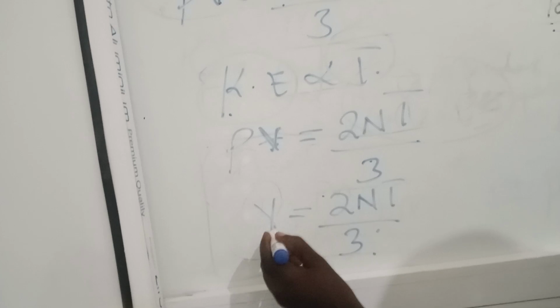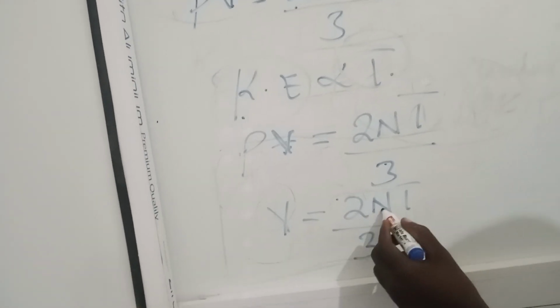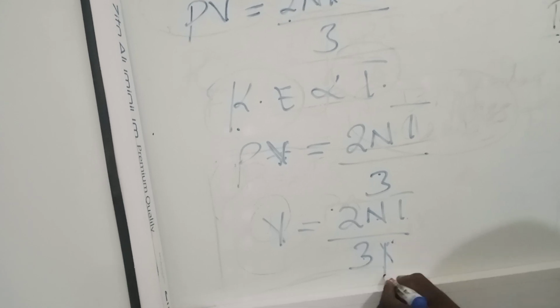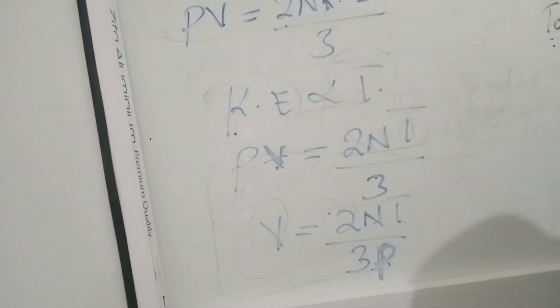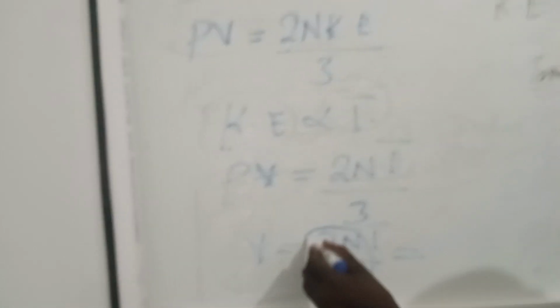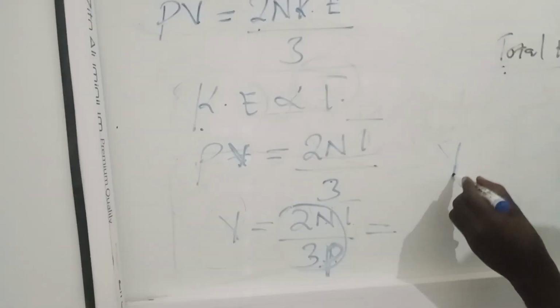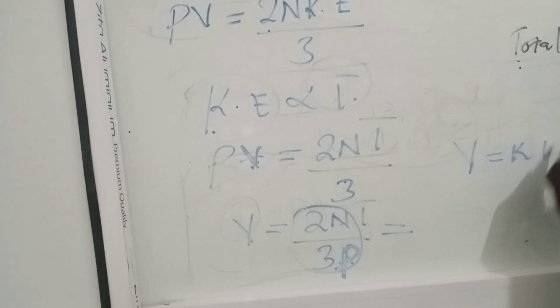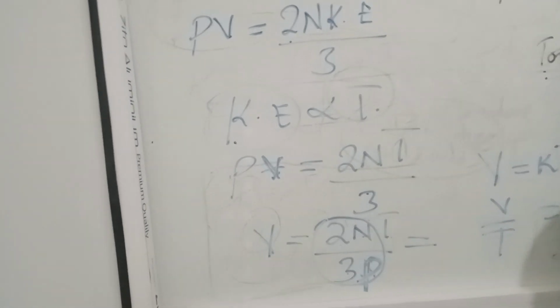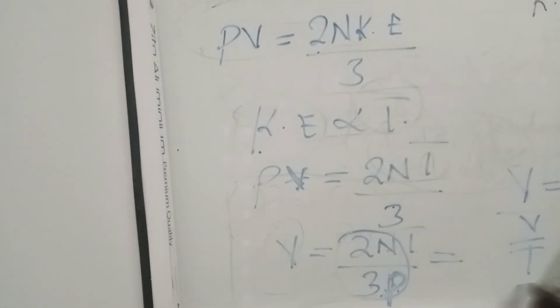We now have V is equal to 2nT all over 3 times 1 over P. So we now say all these, 2n all over 3P, are constant. So therefore we now have V is equal to kT, and remember V all over T is equal to k. This implies Charles' law.